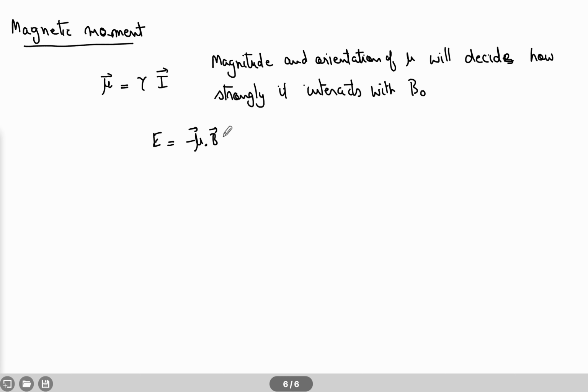So now the magnitude of mu is defined by the gyromagnetic ratio and the spin angular momentum. The gyromagnetic ratio is an intrinsic property of a nucleus.